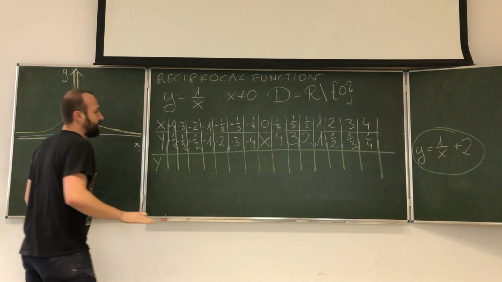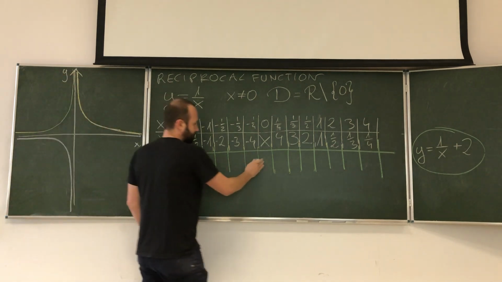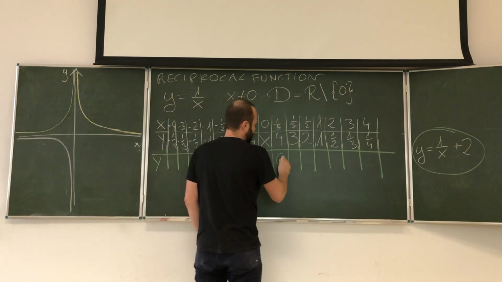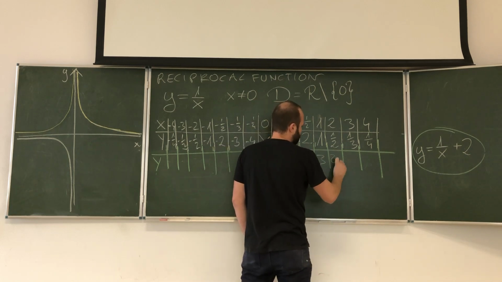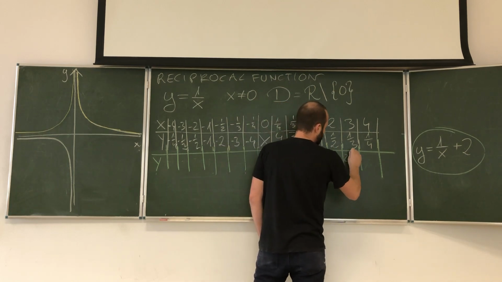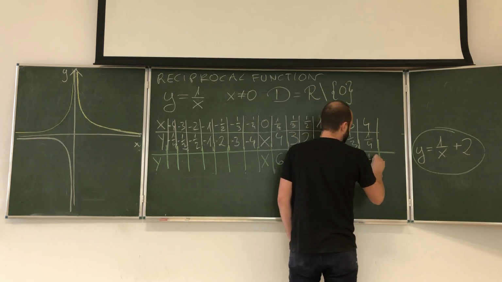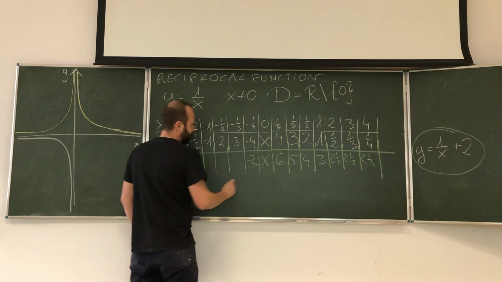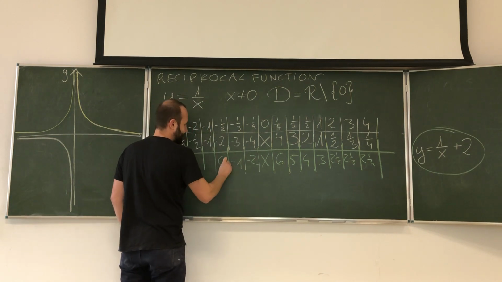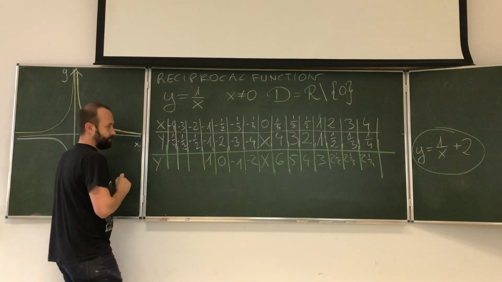to every number. Of course, here still nothing. Here we have 6, 5, 4, 3, 2 and a half, 2 1/3, 2 1/4. And over here, -2, -1, 0, 1, right?